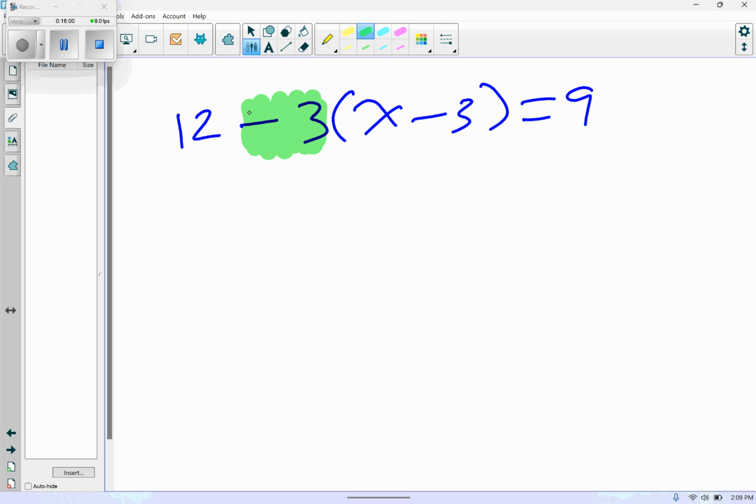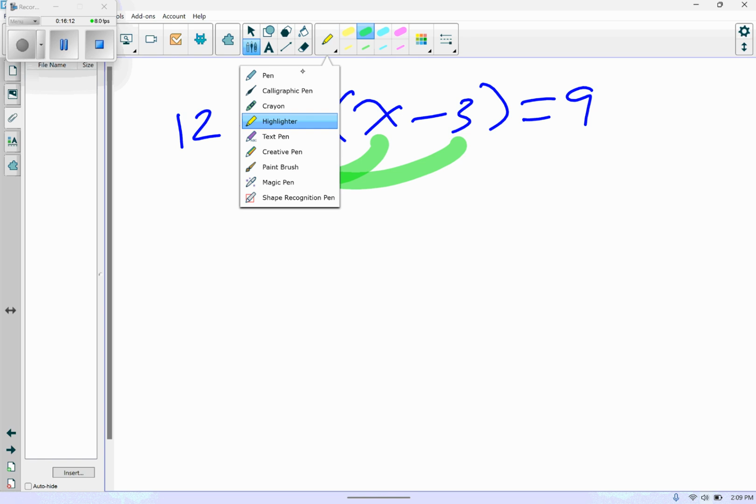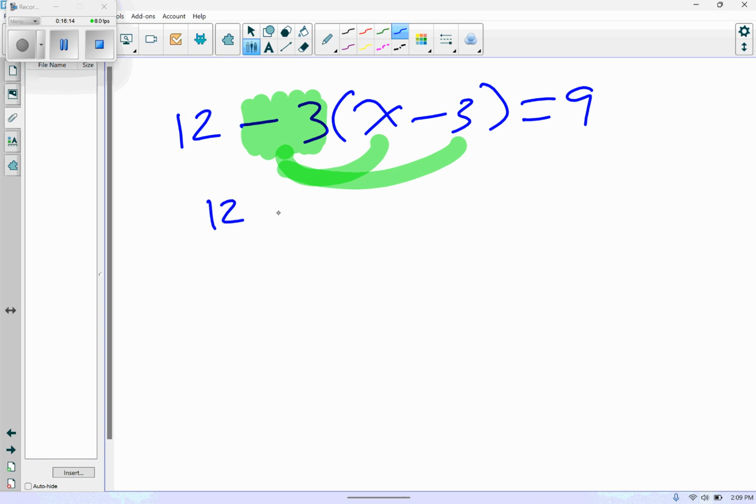The reason I can't do that is this 3 is attached to the parentheses. Do you agree with that? Yes. Which means I have to now distribute the -3 over the parentheses. So then I get 12 minus 3x plus 9 equals 9. Stop there. Is that okay?